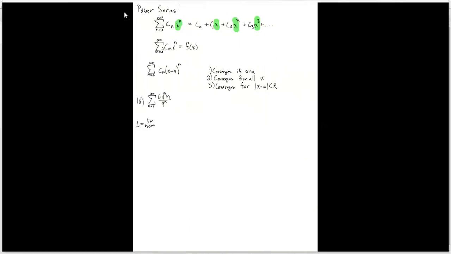And remember, I'm doing the ratio test here, so I've got -1 to the n plus 1 times n plus 1 all over 4 to the n plus 1. And this is going to be times 4 to the n over -1 to the n.